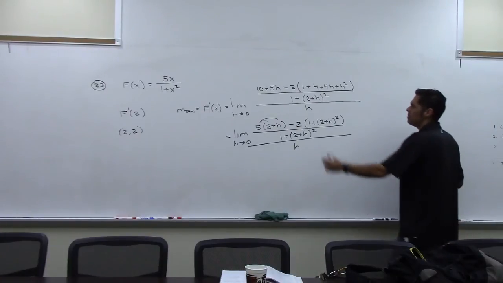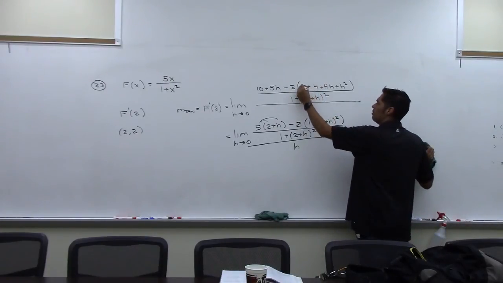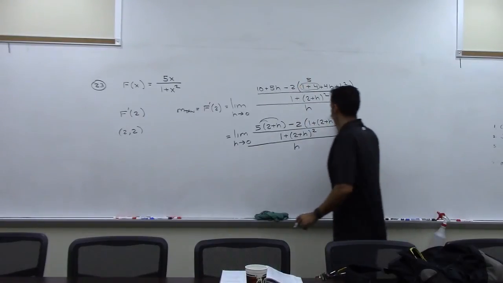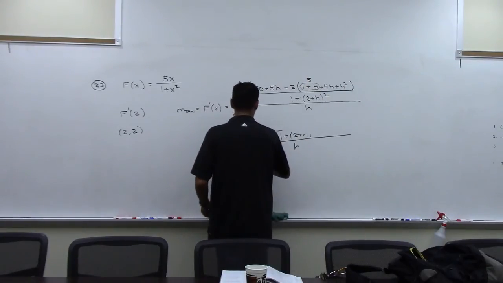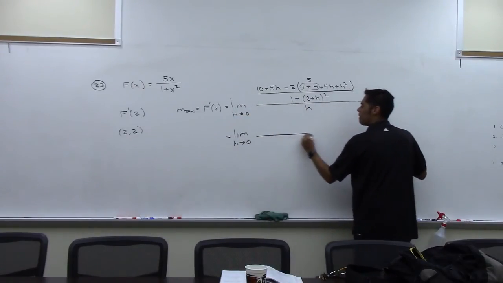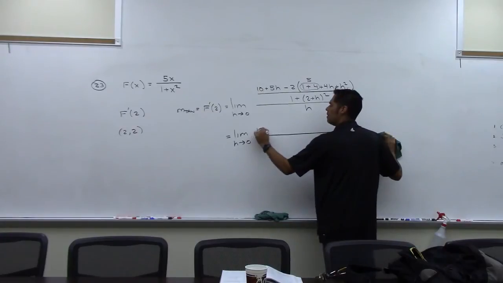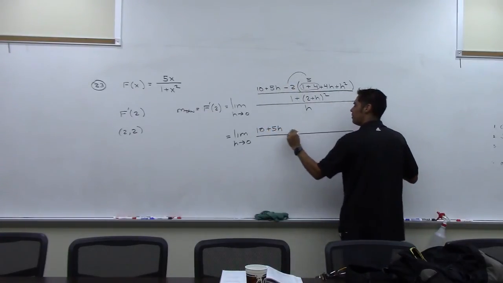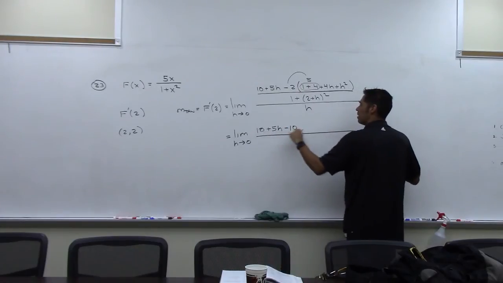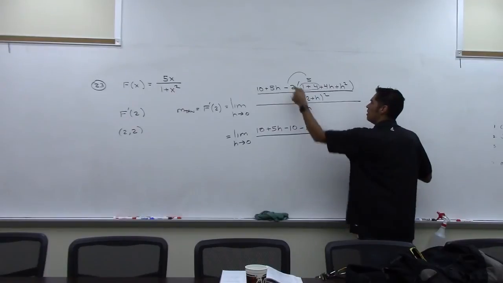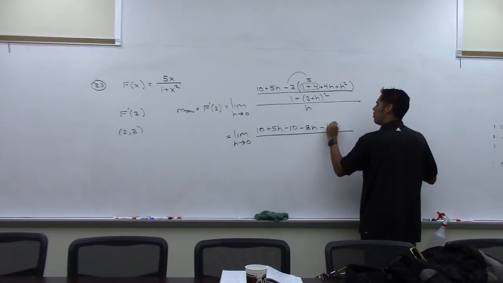Now I can pass this through. Also notice these two together, that's a 5. So shorten up my life of working on this a little bit by just going 10 plus 5h. Okay, distribute. Negative 2 times 5 is negative 10. Hey, look, those 10s are going to cancel. Negative 2 times that, that's negative 8h. Negative 2 times that, that's negative h squared.